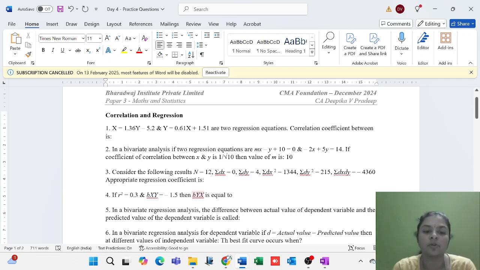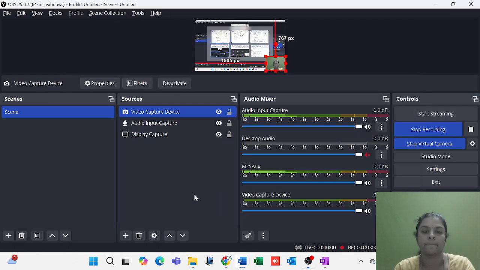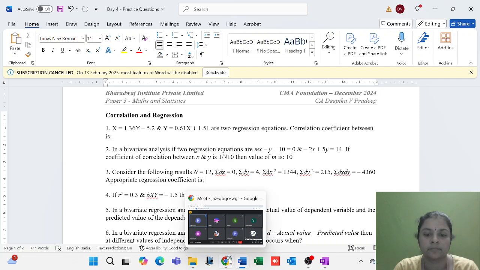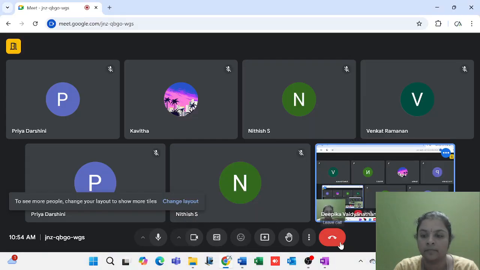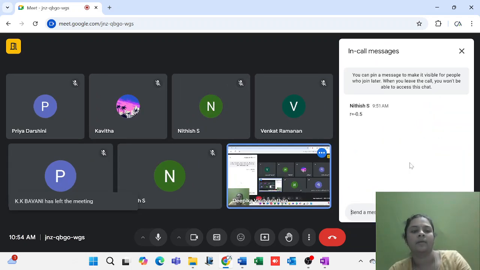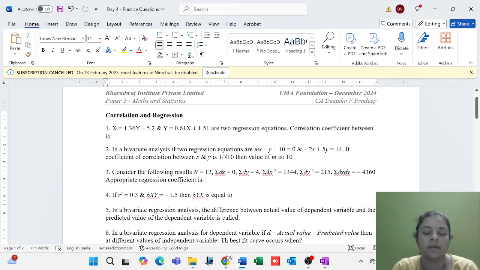And similarly also try question number 4. Answer for the third one. Yes, what is the regression coefficient of bxy?